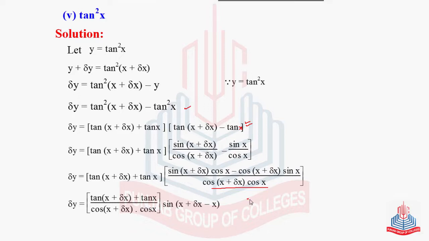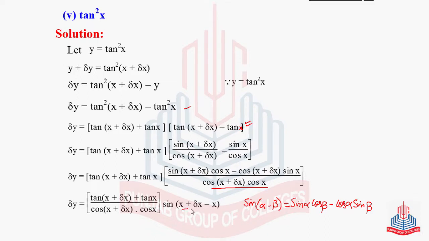And by merging this, sin x plus delta x cos x minus cos x plus delta x sin x, by using the result sin alpha cos beta minus cos alpha sin beta, where this one is alpha, that can be converted into sin alpha minus beta.